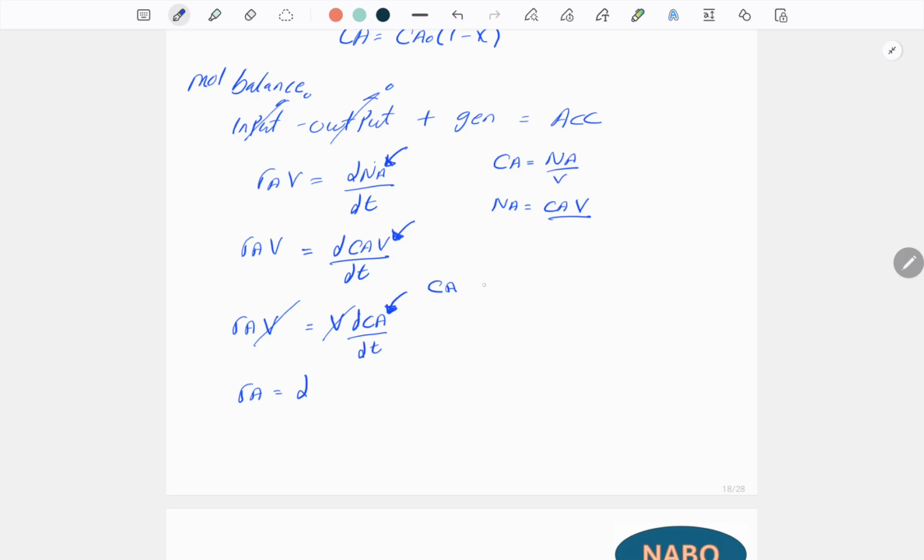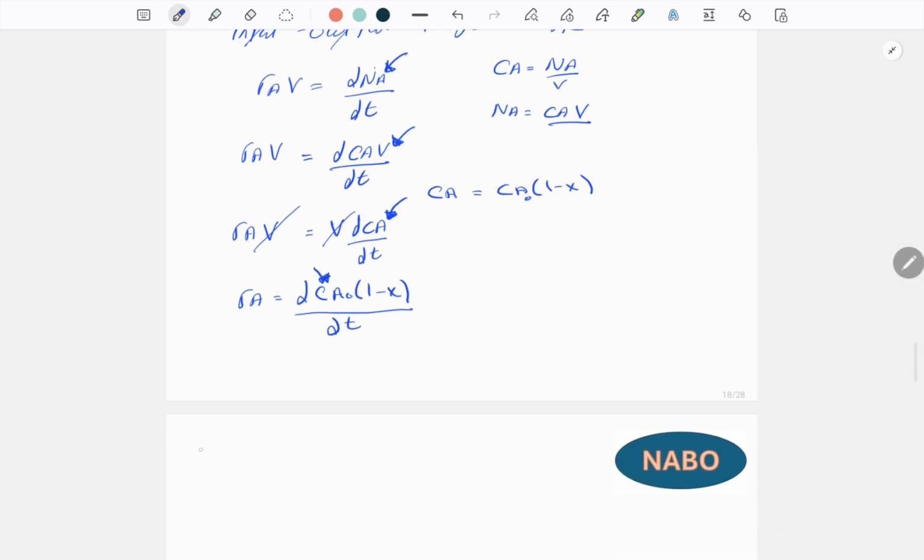Now we want to change this concentration also in terms of X, and as we discussed before, CA equals CA naught times 1 minus X. Therefore, the right side will be the differential of CA naught times 1 minus X over dt. Now the initial concentration is a constant, therefore it can also leave the differential.